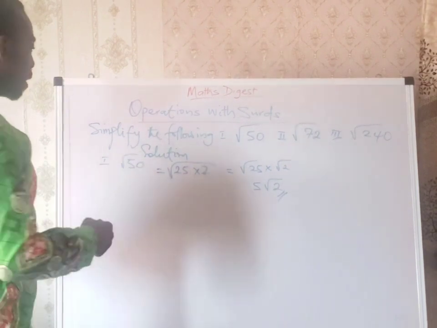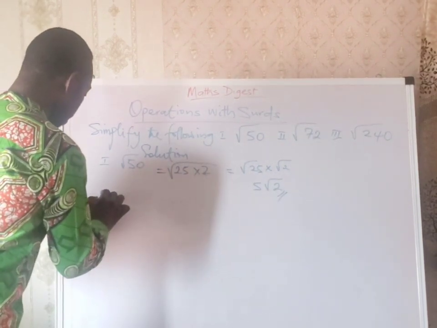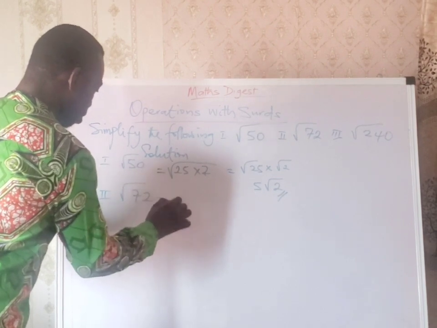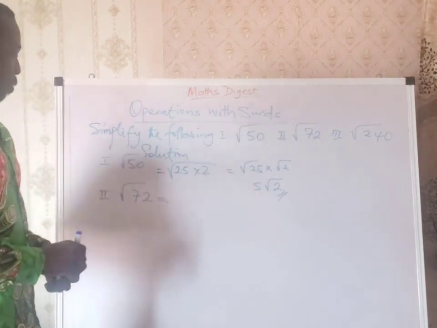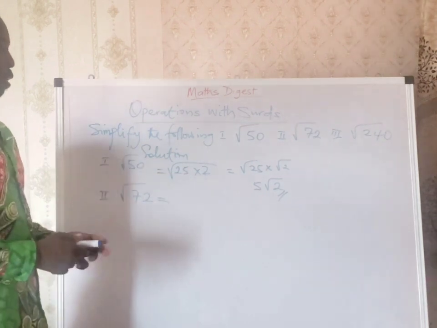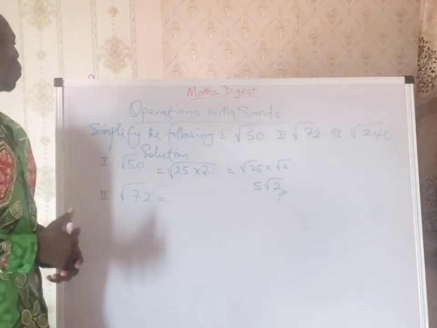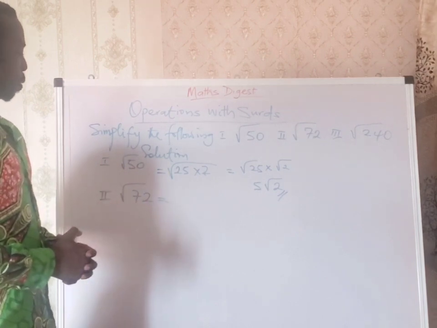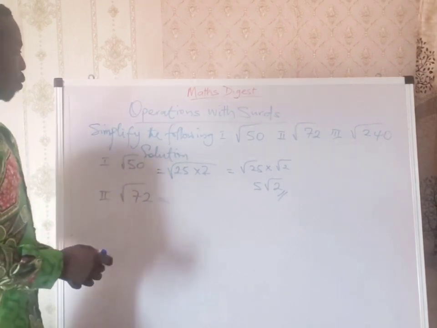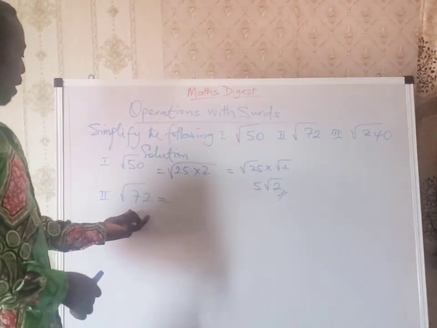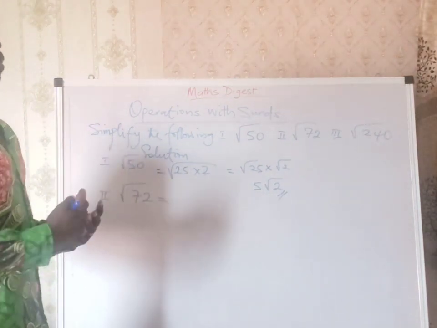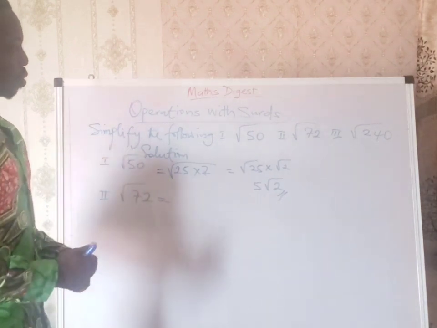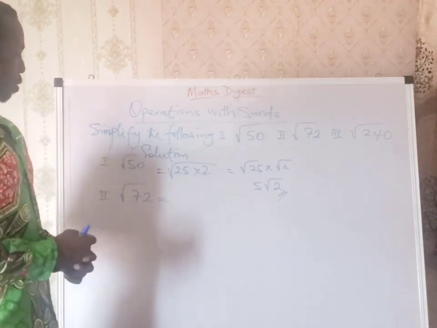Now coming to the other one, we have root 72. If you want to consider the factors of this, you also look at the one that has a perfect square in it. Let's assume in your exam you don't have a calculator, or you are not allowed to enter with a calculator.